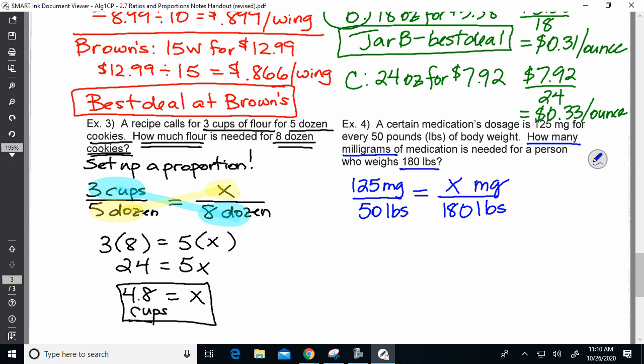Any questions before we continue? If not, then let's cross multiply. So 125 is multiplied times 180.